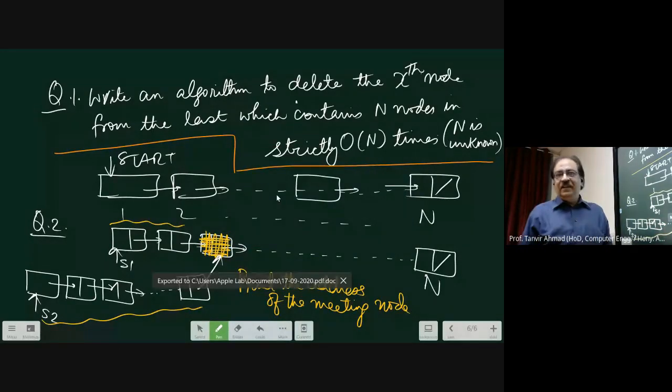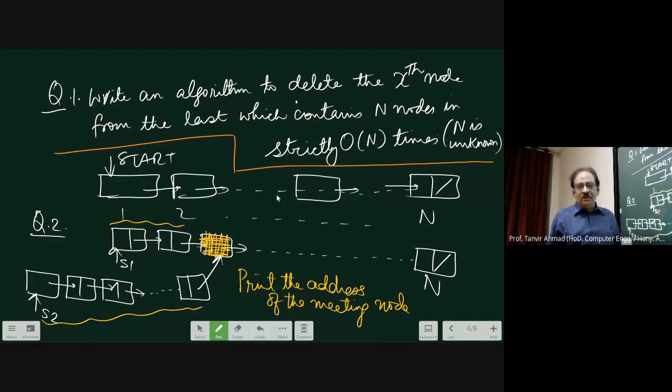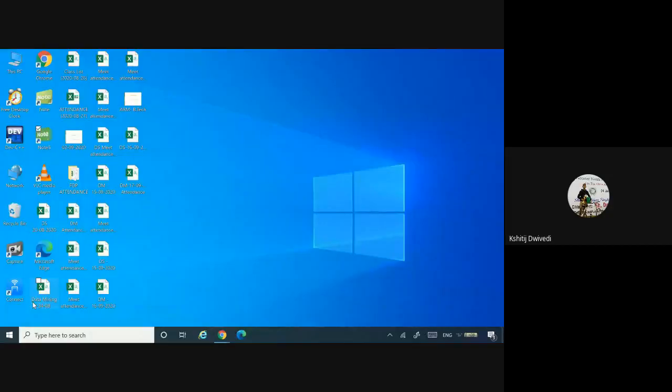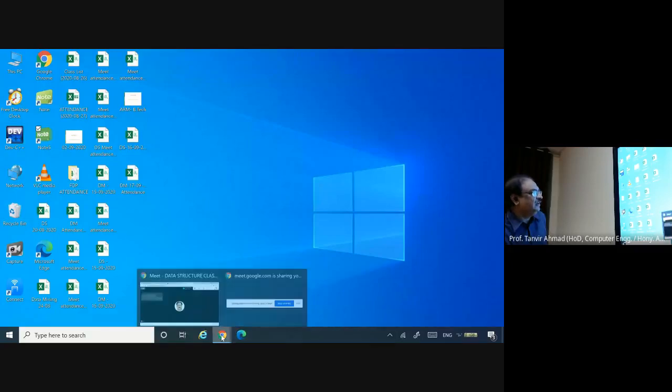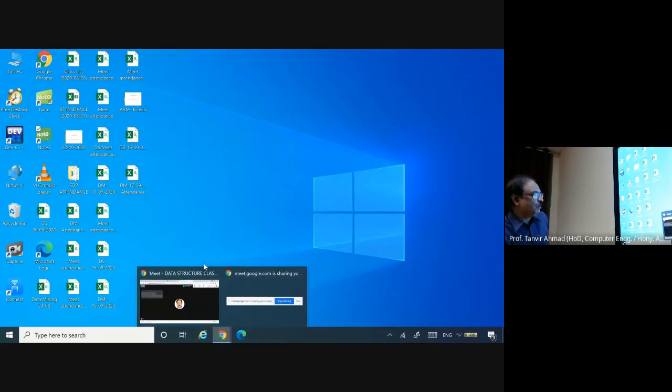That means there might be more than one answer for this. Obviously, the best answer is the one which gives the optimum solution. And I just give you a hint that for question number 2, there exist multiple solutions. Yes, sir. That's why I asked about the condition. The one which gives you the best answer might be the best one.